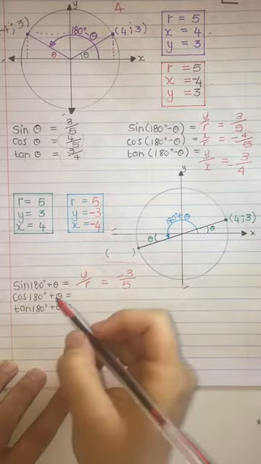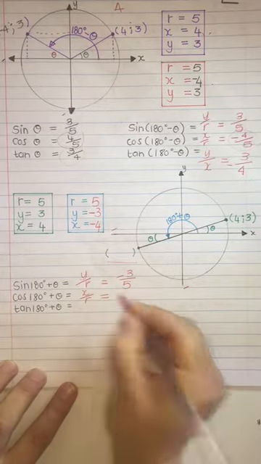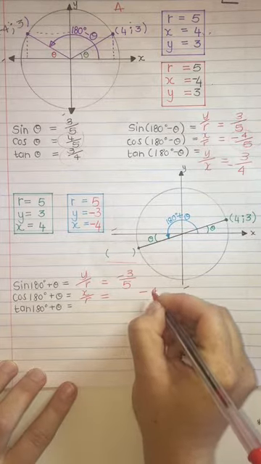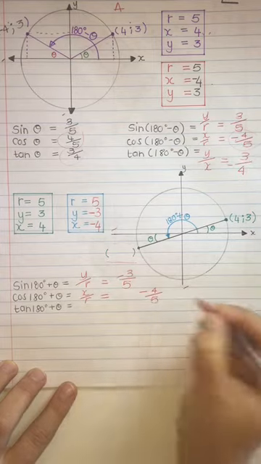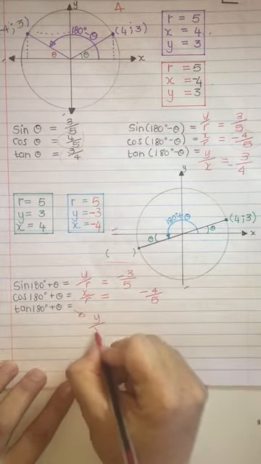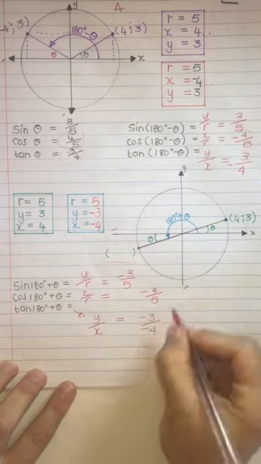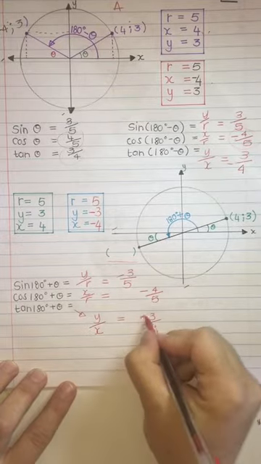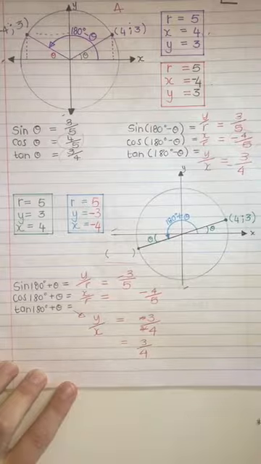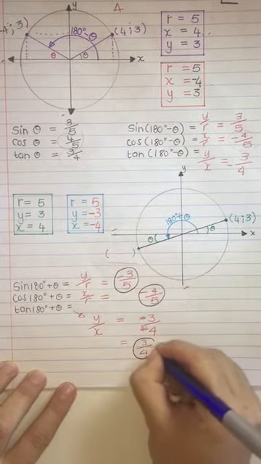Cos is x over r, so it's minus 4 over 5, and tan, I'm just going to write that one here, is y over x. That will be minus 3 over minus 4. The two minuses will cancel out, so it's going to be positive 3 over 4.